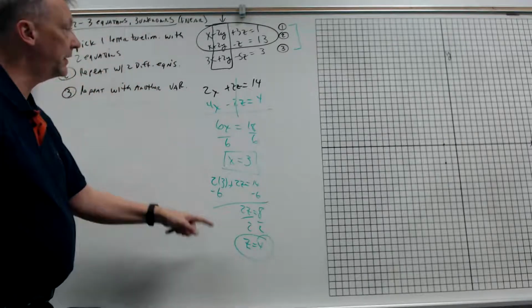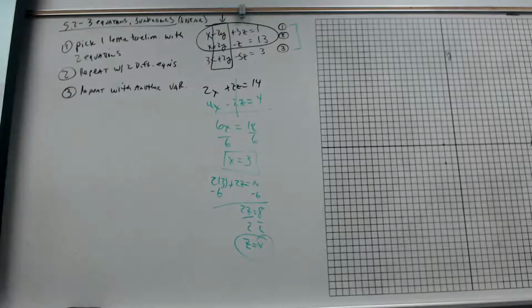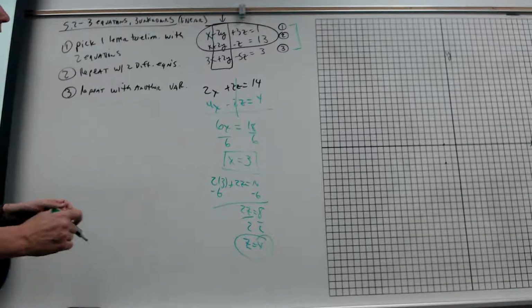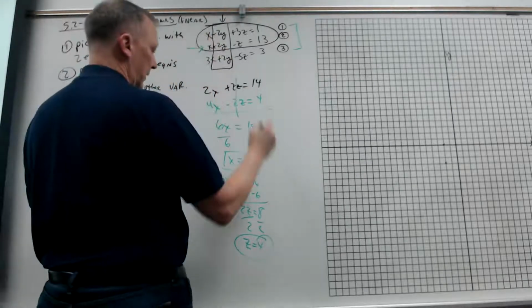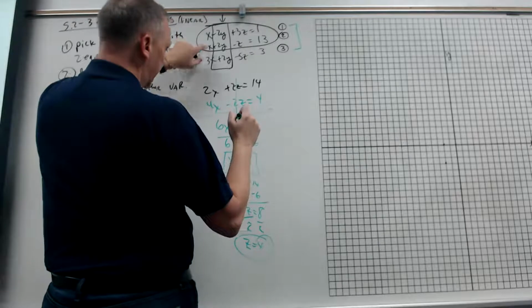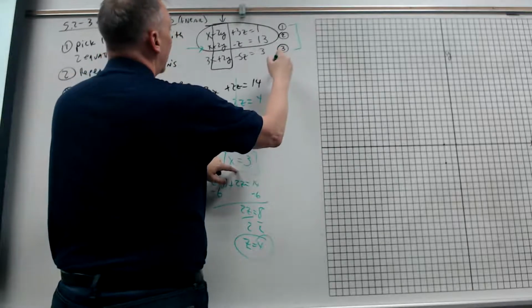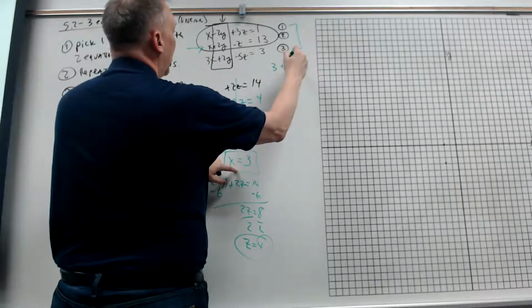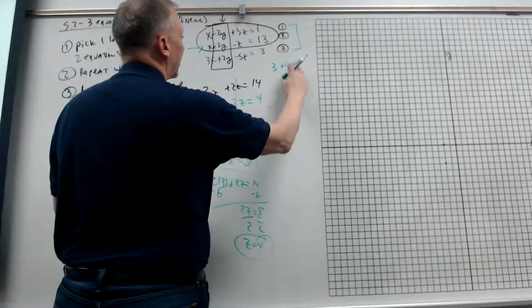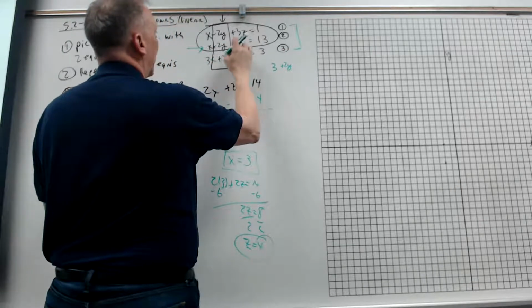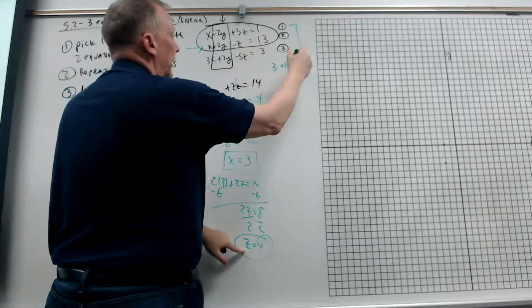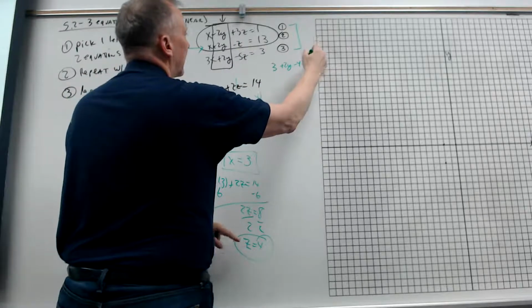Now we'll take both of these, we plug it into any of those top equations. Which one would you like to plug it into? Let's do number 2. So x, which is 3, plus 2y minus z minus 4 equals 13.